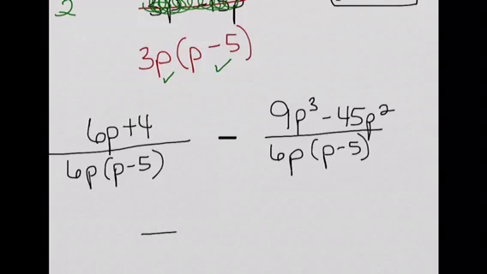I know that my denominator is going to be 6p(p minus 5). Now in the numerator, I need to put it as one big fraction and combine like terms. So I'm going to start with, let's see, let's do the 6p. I have 6p and there's no other p to the first power, so it gets written down like that. Takes care of that. 4 plus 4, there's no other constants to add or subtract, so it just stays a 4.